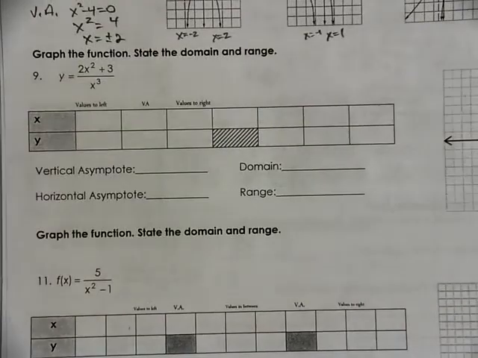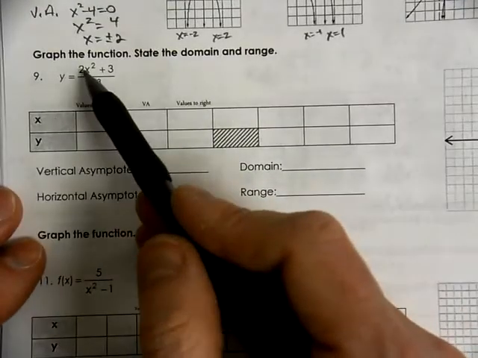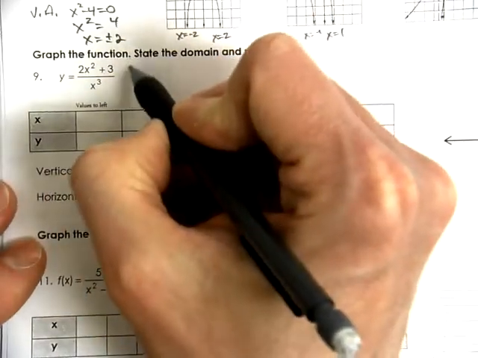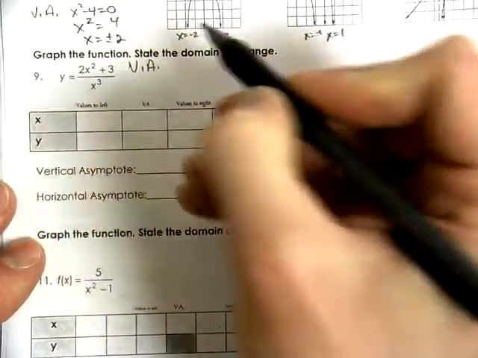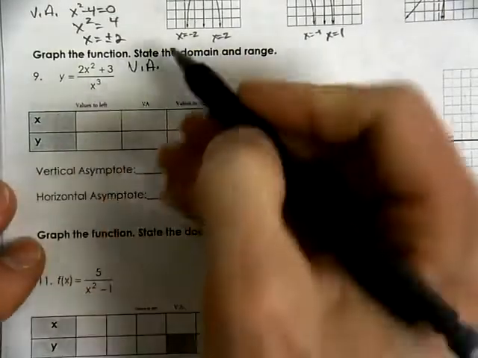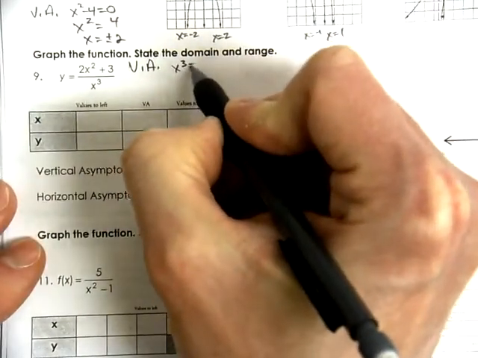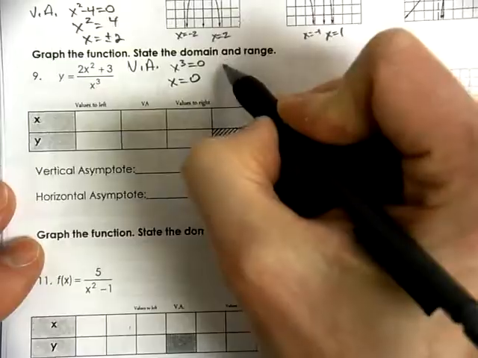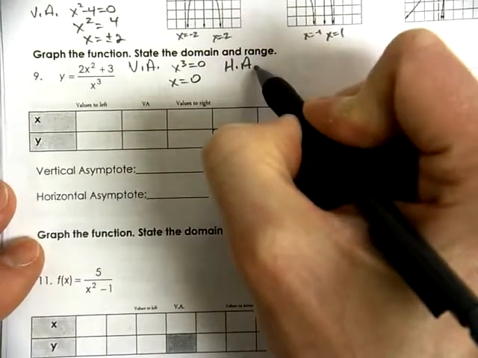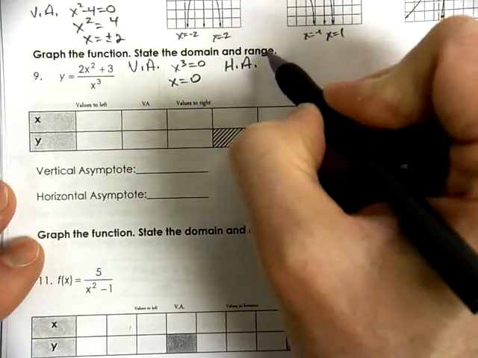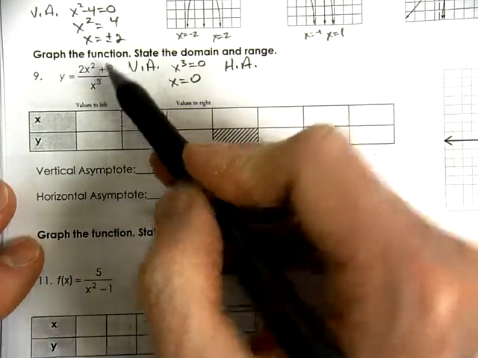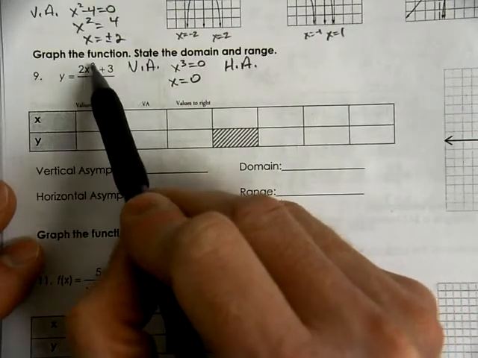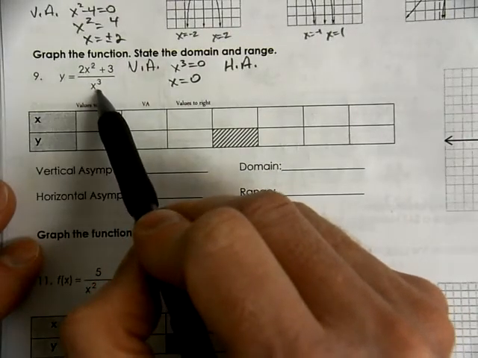Coming up for graphing our rational equation, we're going to look for our vertical asymptote. The vertical asymptote is where the denominator equals 0. Then the horizontal asymptote: that's where you look at the degree of the numerator compared to the degree of the denominator.